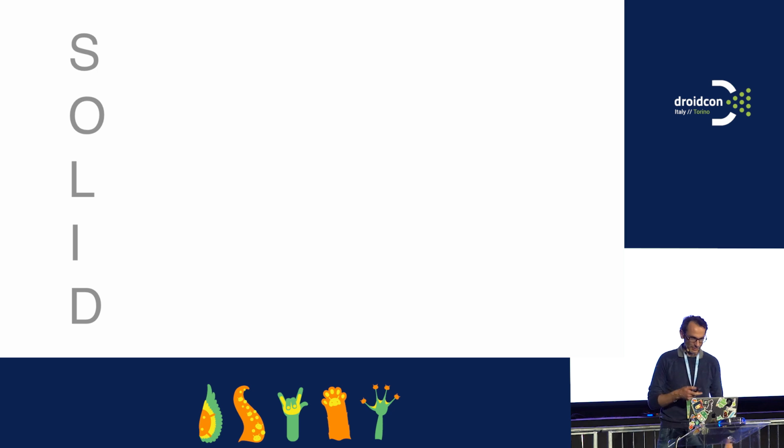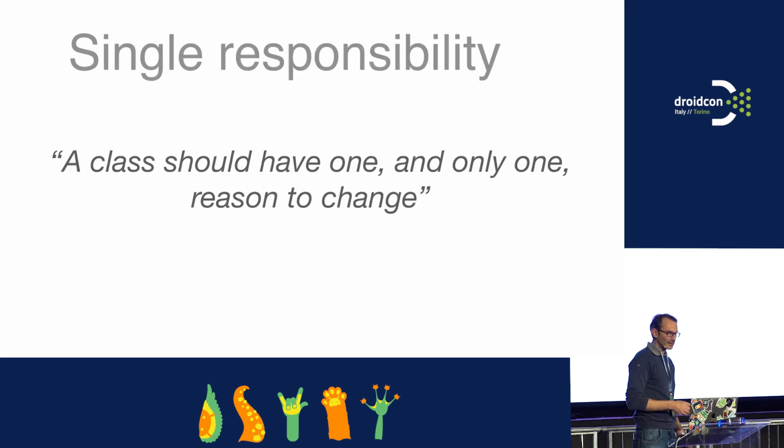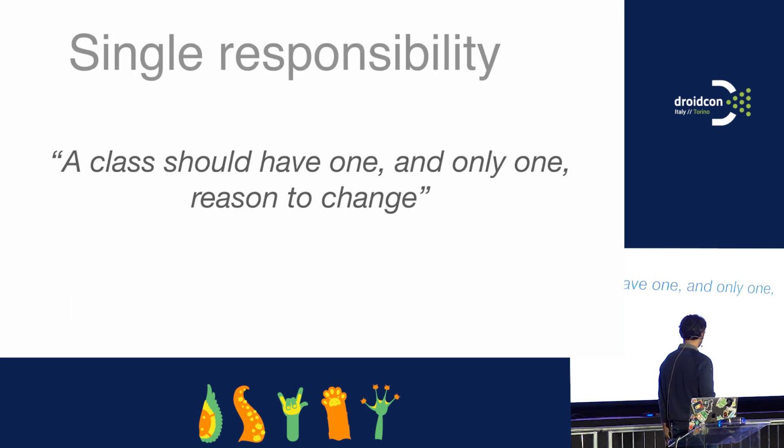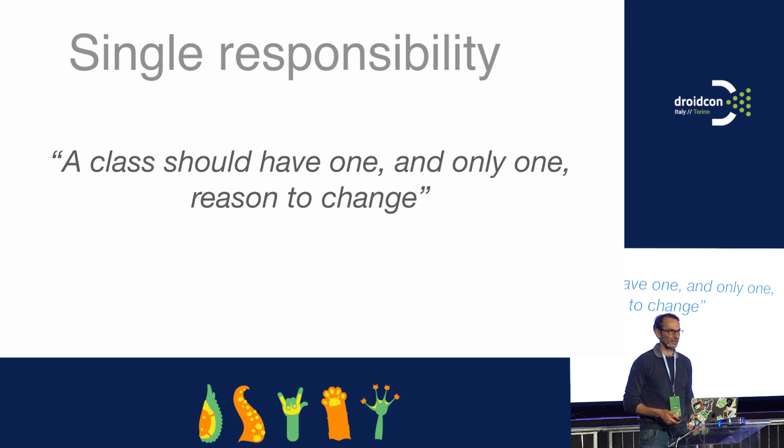So the S in the acronym SOLID stands for single responsibility. This is quite a classical principle. It says that a class should have one and only one reason to change. This is similar to cohesion and decoupling, which are basically 2 main principles of object-oriented programming.